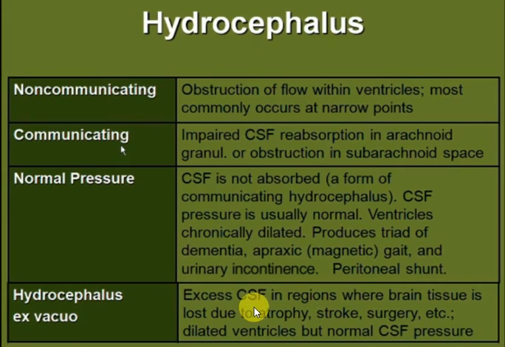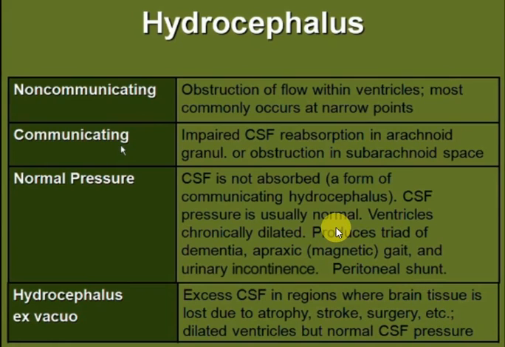It occurs because of excess CSF in regions where brain tissue is lost due to atrophy, for example Alzheimer's dementia, or due to a stroke or surgery, where there is some loss of neuronal tissue. It causes excess CSF in these regions, and the ventricles are dilated, but the CSF pressure is normal.